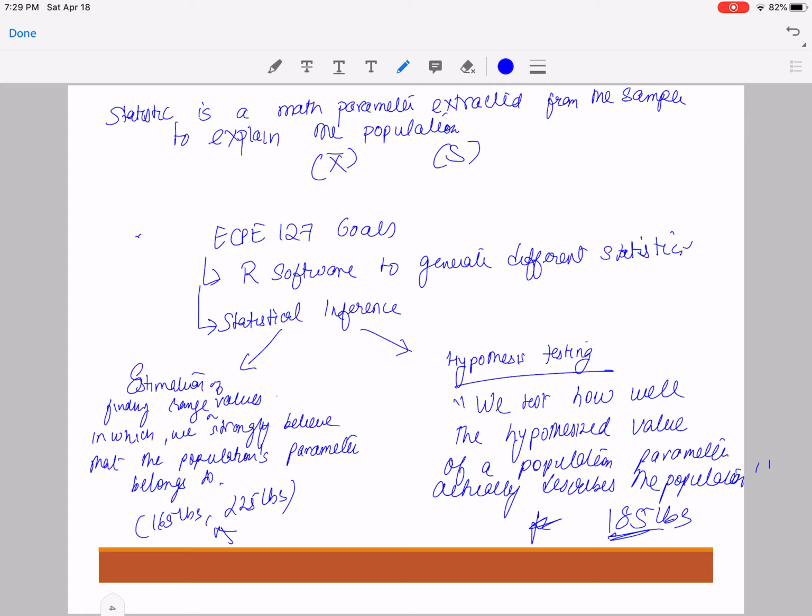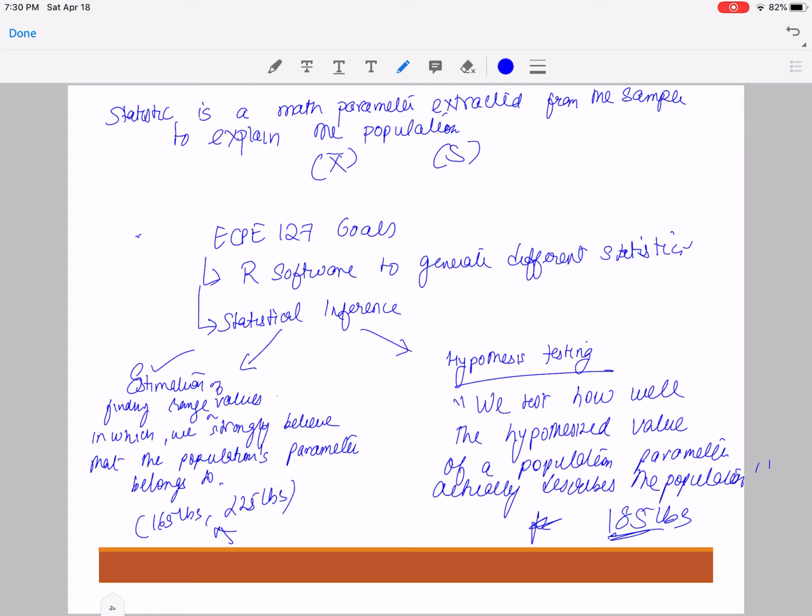It may be far above the actual population's average weight or far below. Using hypothesis testing, I'm going to identify where exactly this number stands, whether it is explaining the population's weight, or it is overestimating the population's weight, or underestimating it. So our goals in ECPE 127 will also include statistical inference, which includes estimation and hypothesis testing.